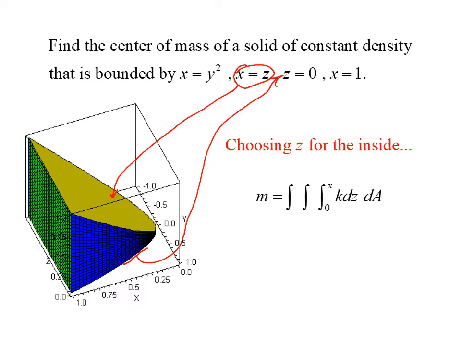So any line drawn straight down parallel to the z-axis will intersect the plane x equals z and the plane z equals 0. Now in order, bottom to top, that would be from 0 to x. So that's the limits on our z integration.